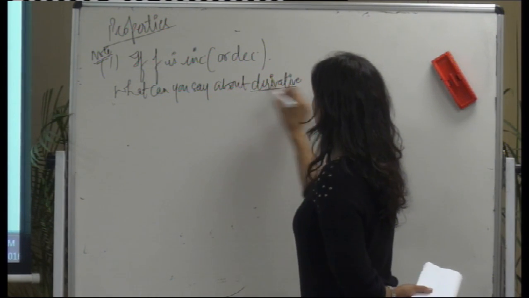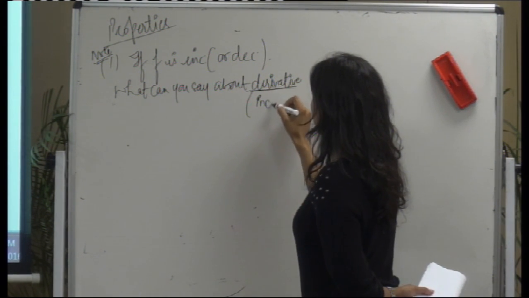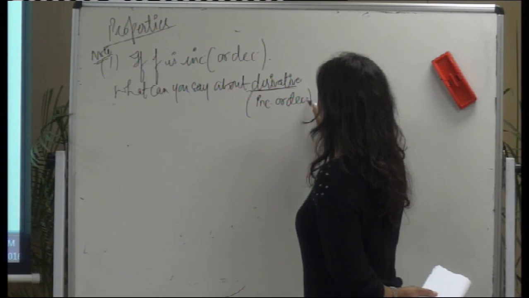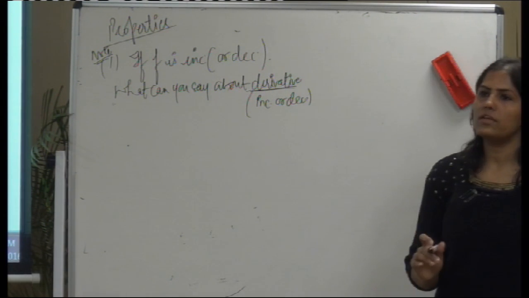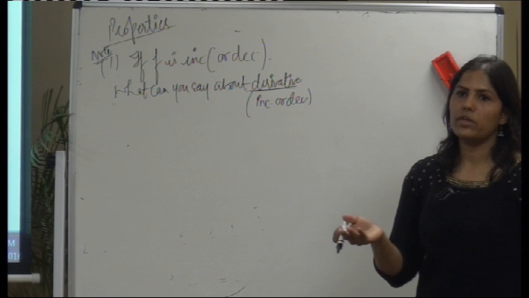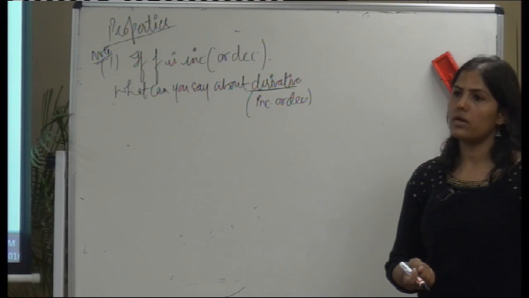My point is, about the derivative means the increasing or decreasing behavior. Can you answer? Suppose your function is increasing. So can you say your derivative will be increasing or decreasing? Can you say that?